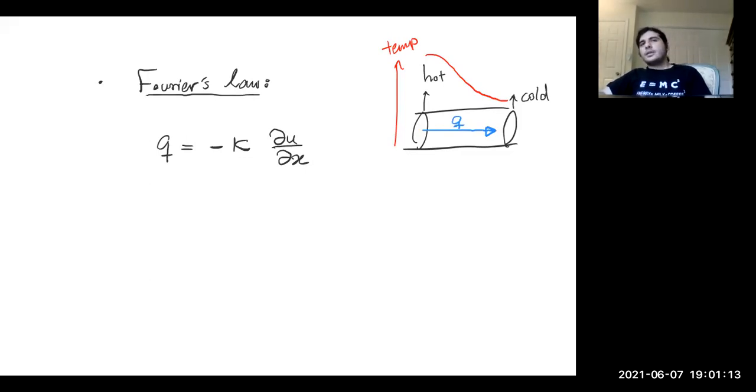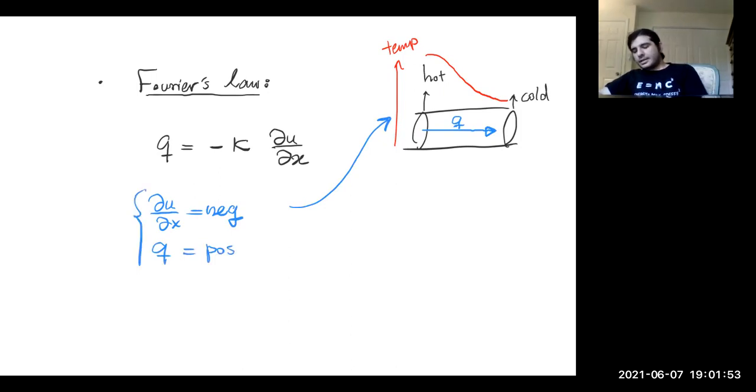So for example, if the temperature is like the case here, it's going down. Since the graph is going down, the derivative of u with respect to x is negative, right? But because q is going to the right, our convention was telling us that when q is going towards right, q is positive.